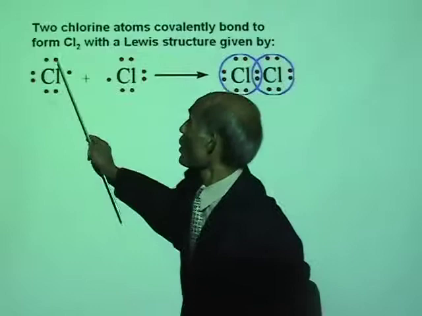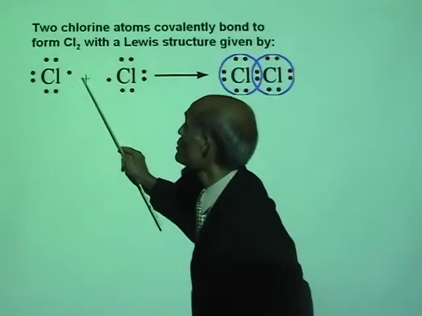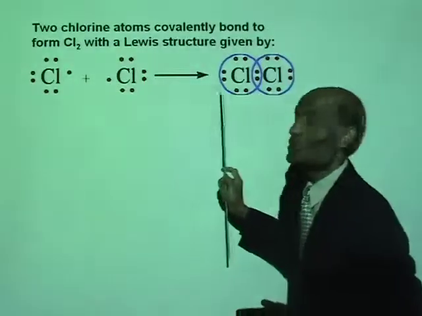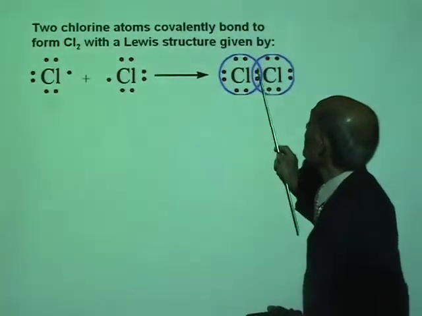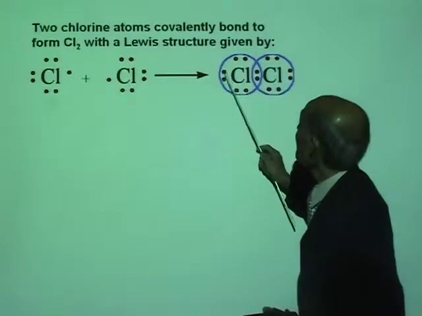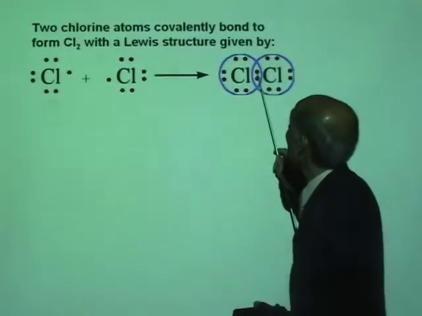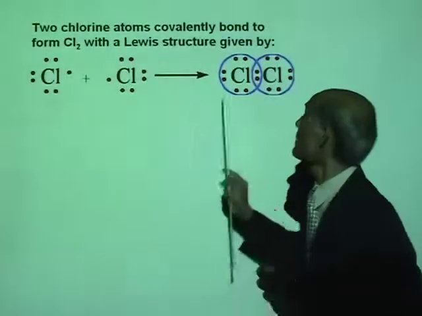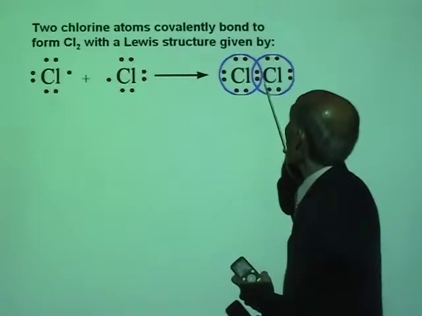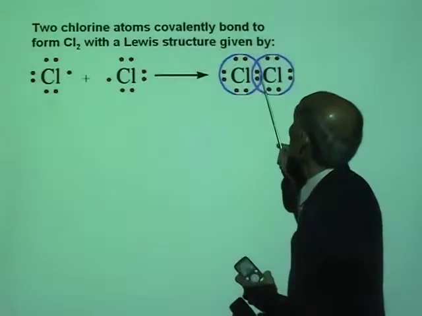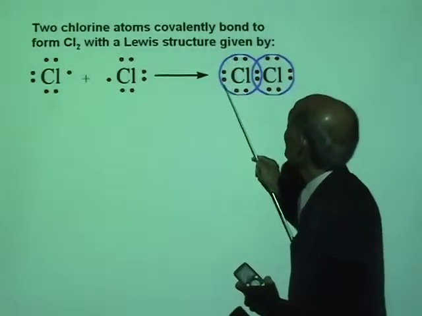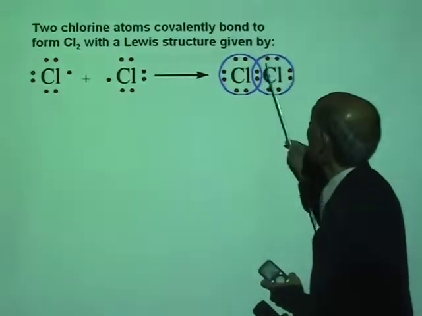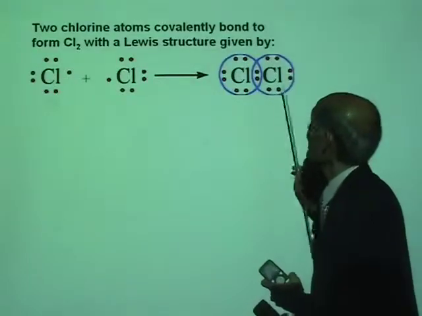There you are. Chlorine with 7 electrons comes together with chlorine with 7 electrons, and the arrangement is 1 electron from each is now shared so that there is a pair of electrons shared by both. Now look inside this circle, there are 2 plus 2 plus 2, 8 electrons for the first chlorine. And look at the next circle, there are 8 electrons for the second chlorine.